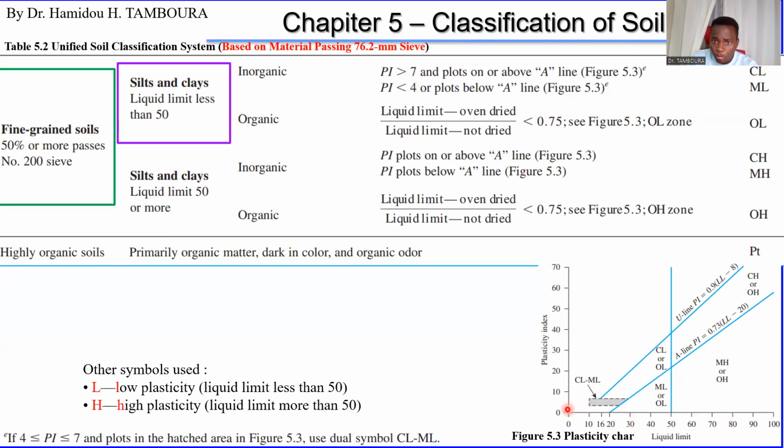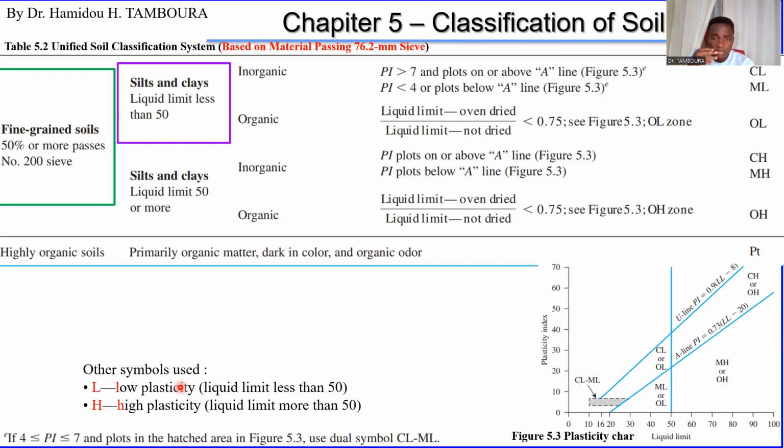So less than 4 can be here or below the A line. So it means this corner. In that case, you have silt. The symbol of silt is M, and still L. L means low plasticity. So your soil will be silt, but with low plasticity.